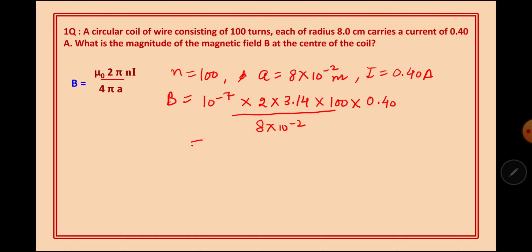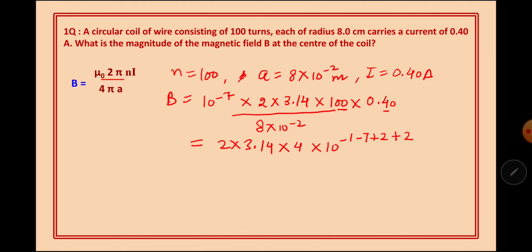So this will turn out to be 2 into 3.14 into this term also I'm going to write as 4 into 10 minus 1, into 10 minus 1. So remaining powers are minus 7 is also there. From this 100 a power 2 will come, and from the denominator another power 2 will come.